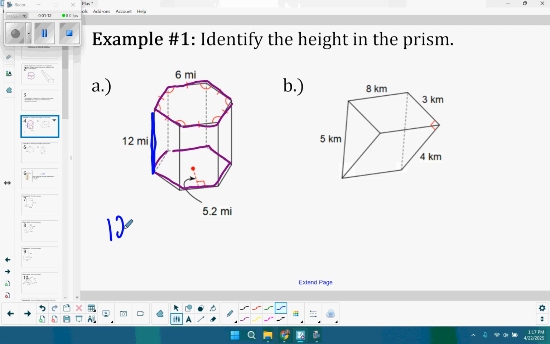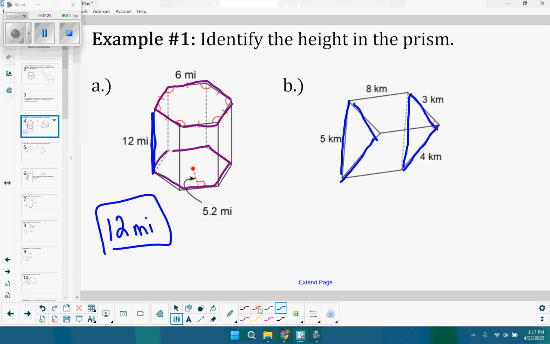So the height here would have been 12. Whereas in B, the two shapes that are the same as each other are these two triangles. So the triangles are the bases here. The distance between those triangles would have been 8. So 8 in this problem is the height of my prism.